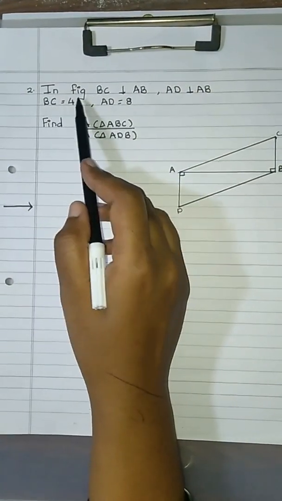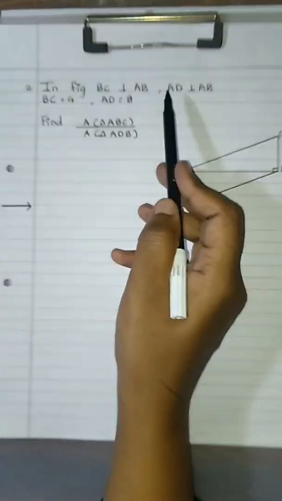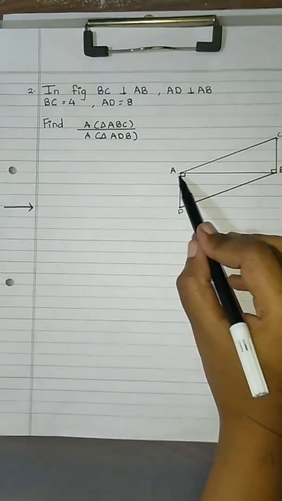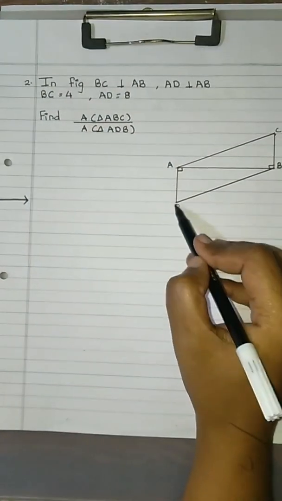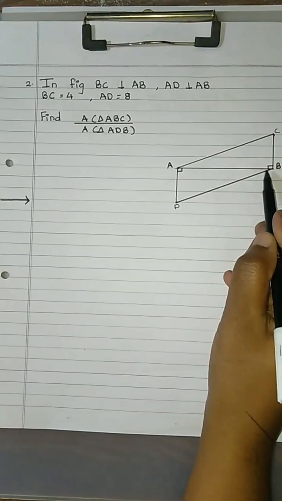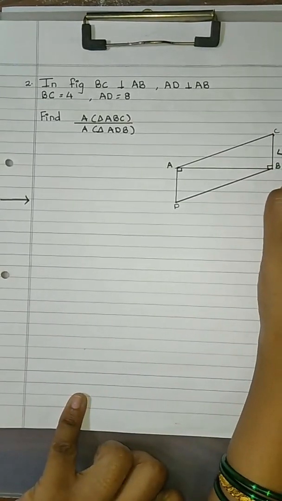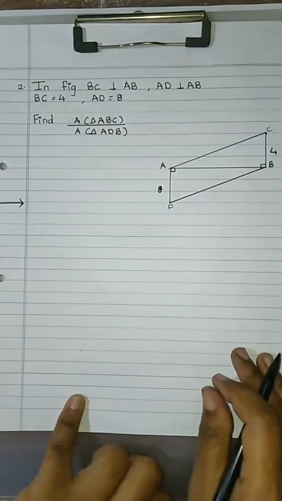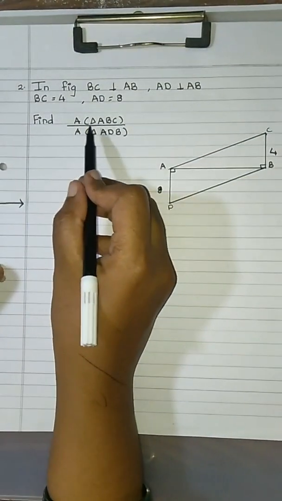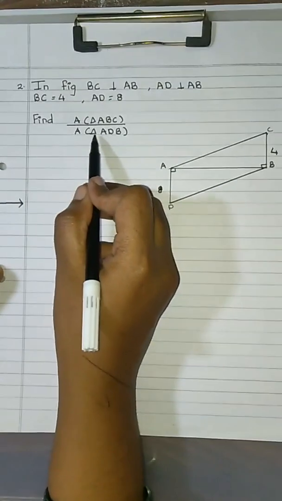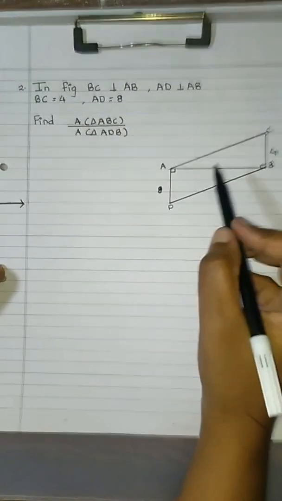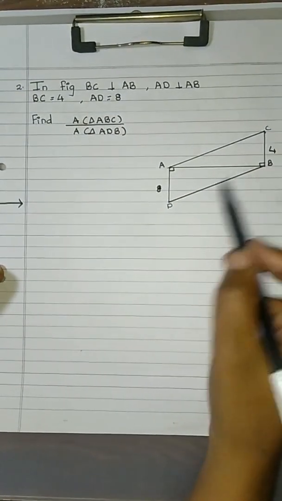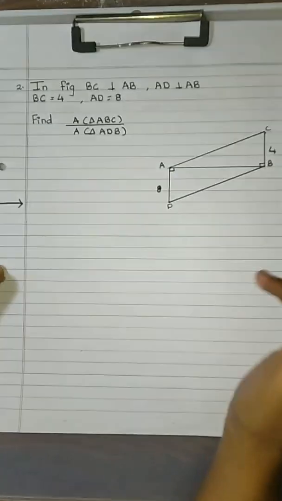Second question, in figure BC is perpendicular to AB and AD is perpendicular to AB, where BC is 4 and AD is 8. Okay, and we have to find area of triangle ABC upon area of triangle ADB. That means area of triangle ABC upon area of triangle ADB.